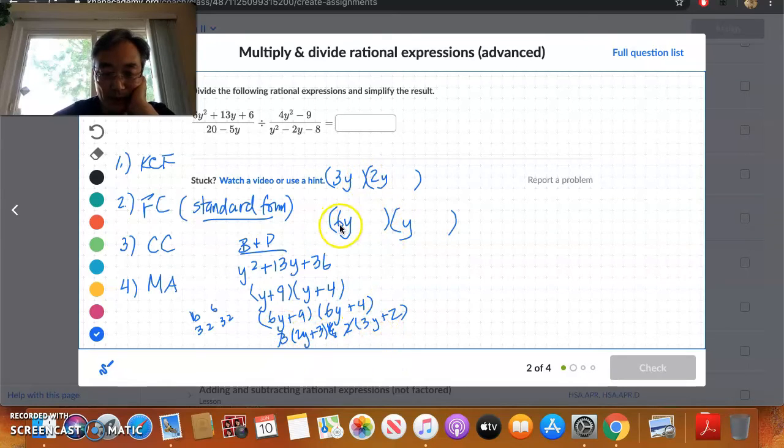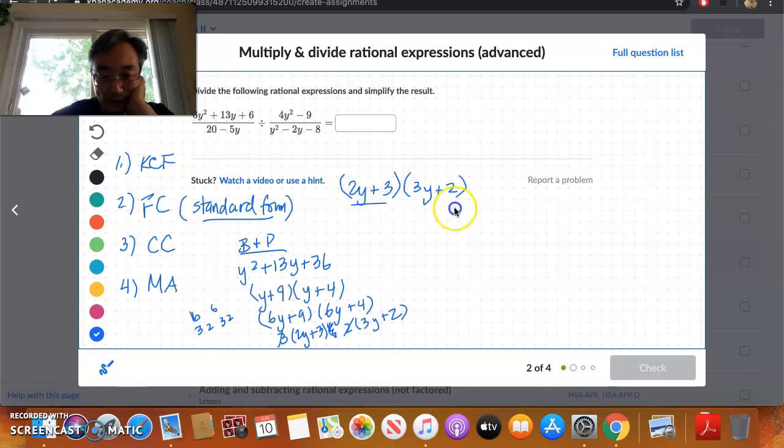Okay, so it's not going to be 6y and y, so it's going to be 2y plus 3 times 3y plus 2. Okay, and those are going to be their factors. So as you can see, sometimes the factoring is a little bit more involved, right? And if you FOIL this, you'll see that it does come out to that. 6y squared, and then 4y, 9y, and 13y, and 6, yes.